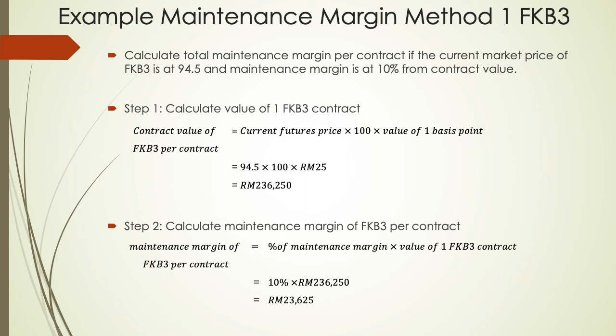So you get 236,250 from the formula for contract value of FKB3. Then you take percentage of maintenance margin, 10%, times 236,250. So the maintenance margin per contract is 23,625 ringgit.